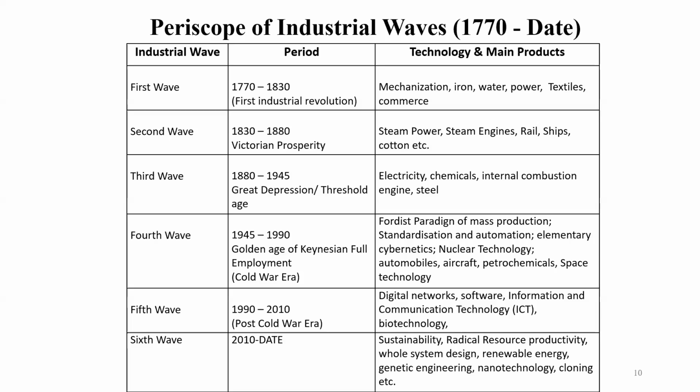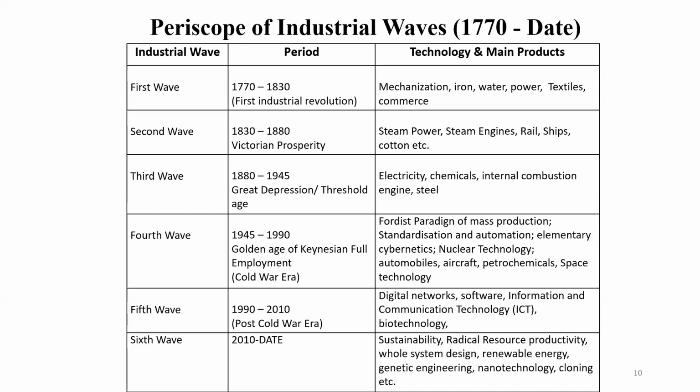But the third wave started from 1880 till 1945, and it was called the threshold age, marked with the Great Depression. It was around that time electricity came about, chemicals, internal combustion engines, steel, and stuff. Then you have the fourth wave from 1945 to 1990, which we call the Cold War era, or the golden age of Keynesian full employment.